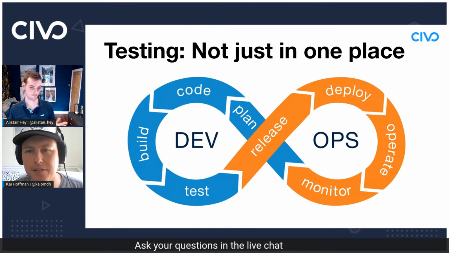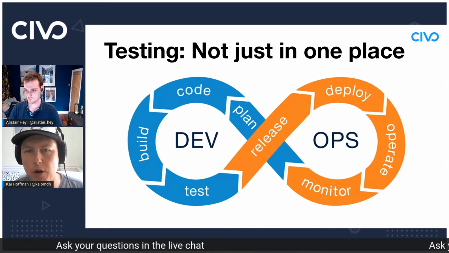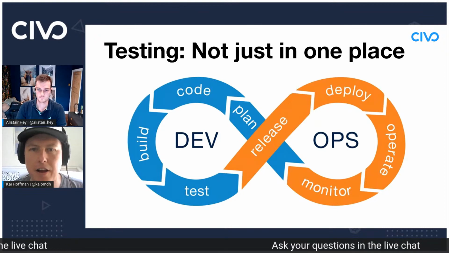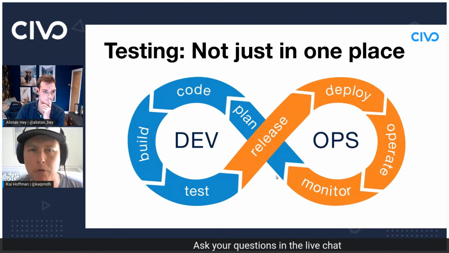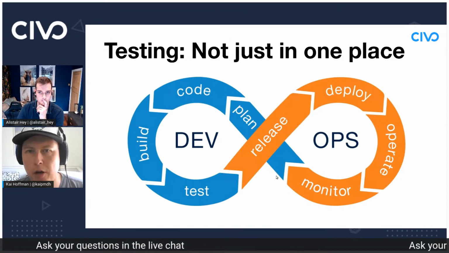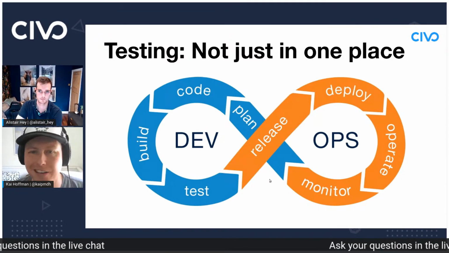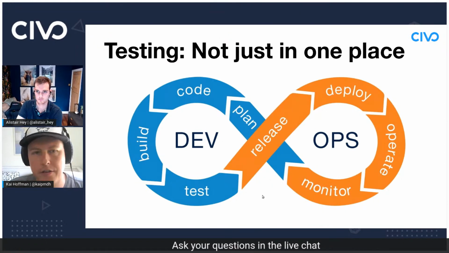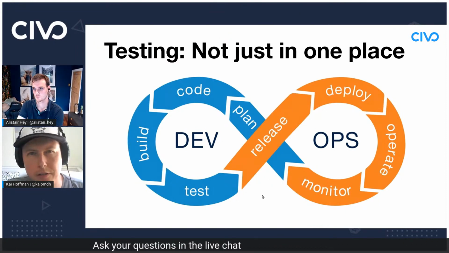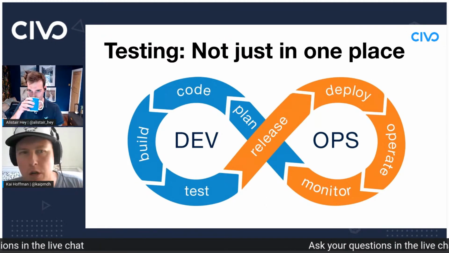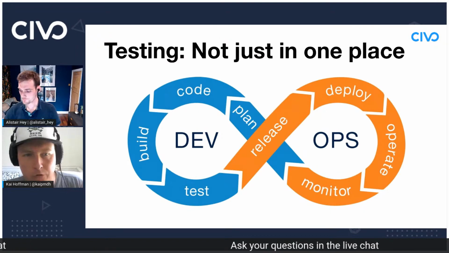Exactly. It's not just in the one place where it says test at the bottom of that diagram. It's about getting a holistic understanding of what your product, not just your code, but your entire product, does. You can also have tests for things like known vulnerabilities.